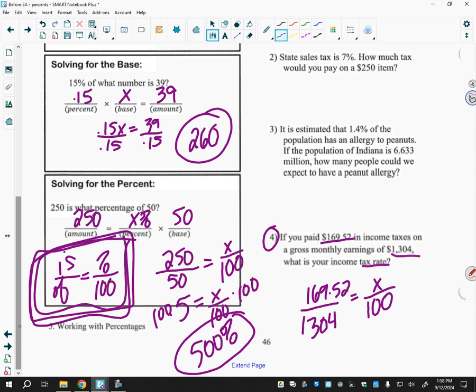I hope our tax rate isn't more than what we paid here. So if I take 162.52 divided by 1304, that's going to give me a decimal, which is where I multiply by the 100, and we get that this person is paying 13% income tax.